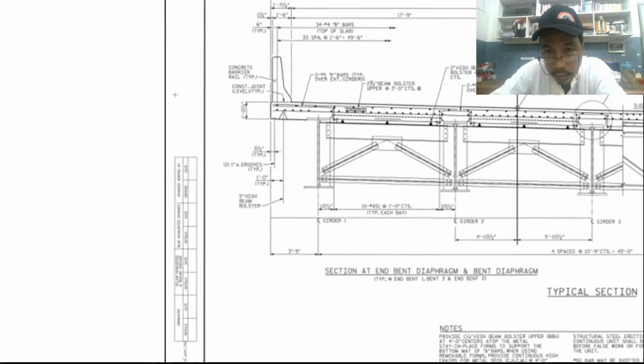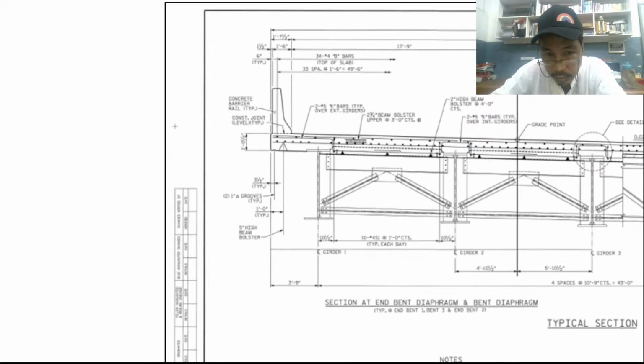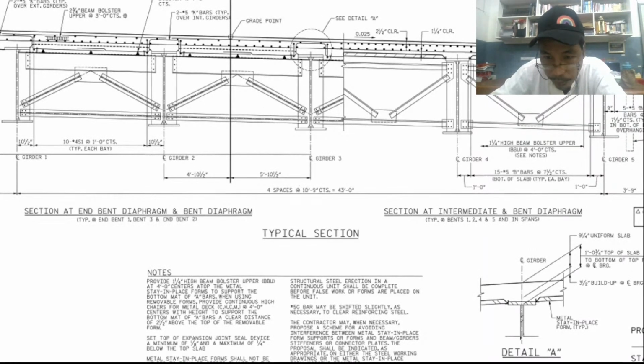So this is now the typical section. We have now in the typical section. So we will try to enlarge again. Let's try to enlarge. Enlarge it further. So it is now 150% enlarged.